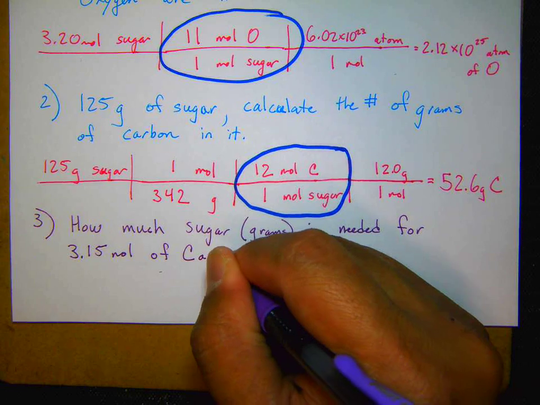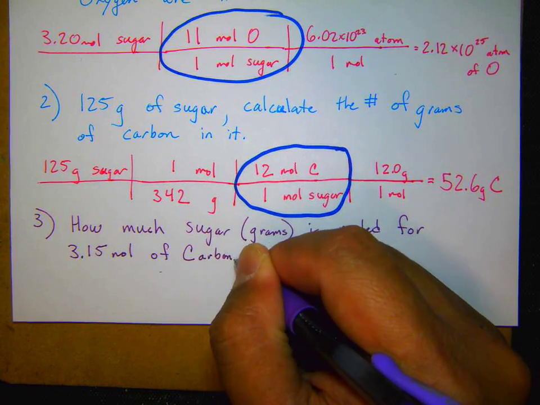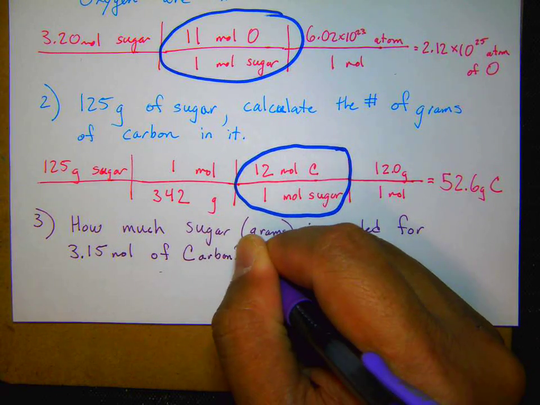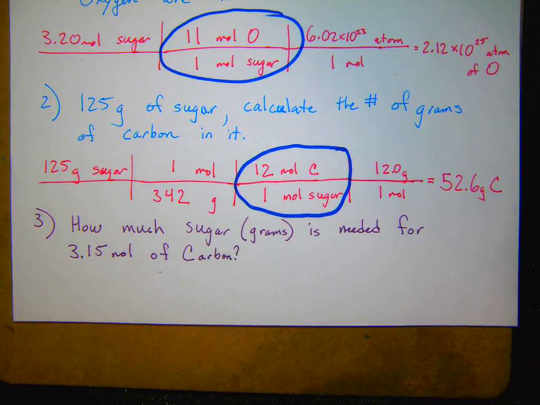We'll just stay with carbon. Okay? So I want 3.15 moles of carbon, and I'm going to get this from the sugar, so I've got to figure out how much sugar I need to mass out. So how much sugar in grams is needed for 3.15 moles of carbon?